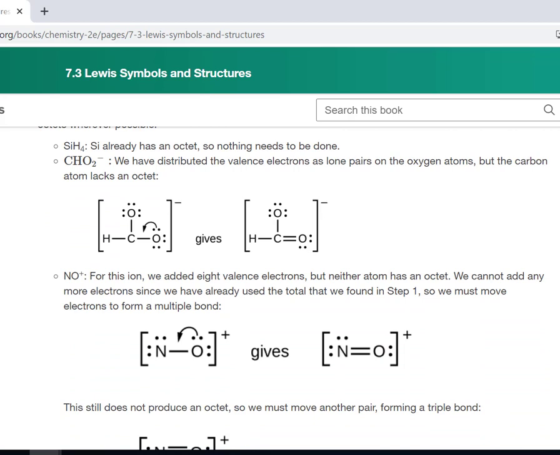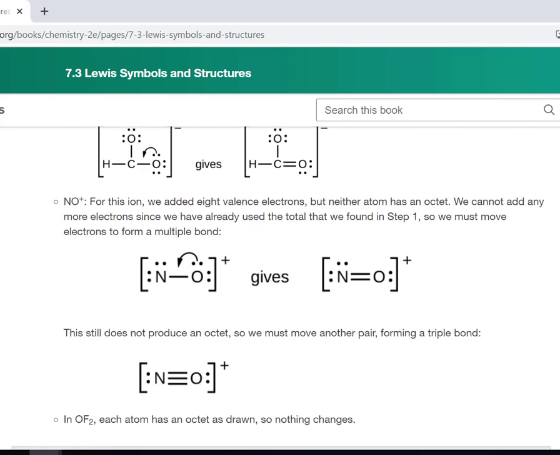Likewise for the next one, here we can move some electrons from one of the outer atoms to form a double bond. When we do that, it gives us 2, 4, 6, 8 on one of them, but not on the other one.